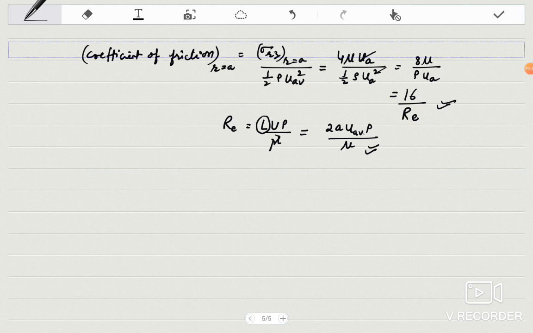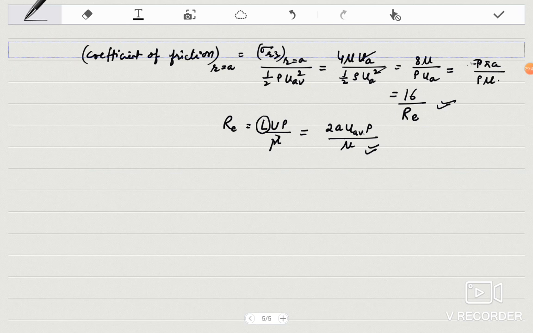You may also calculate coefficient of friction in terms of the values given for U average. It will be rho pi A upon, I think it will be P upon rho.